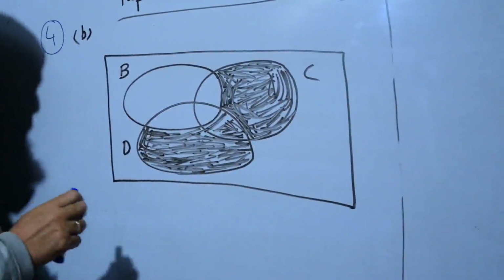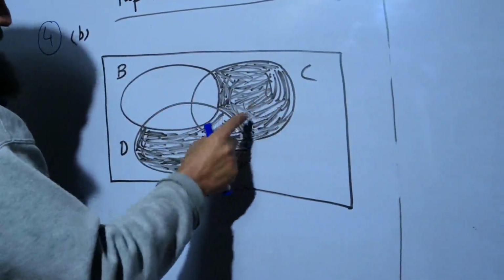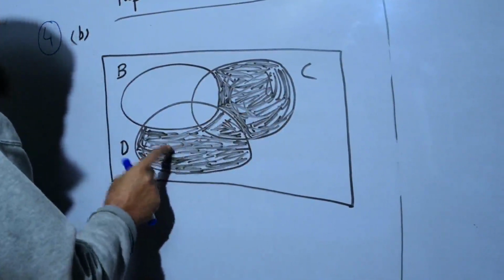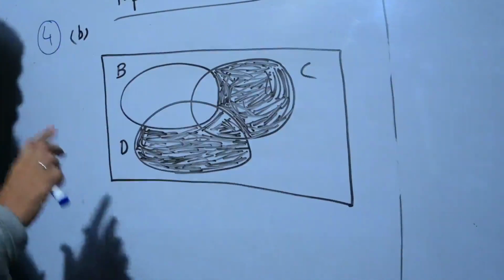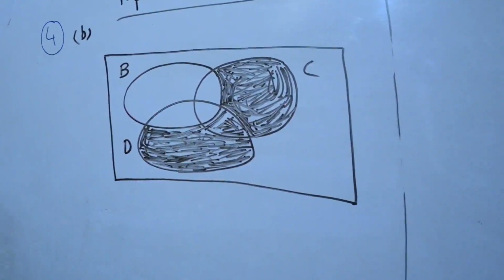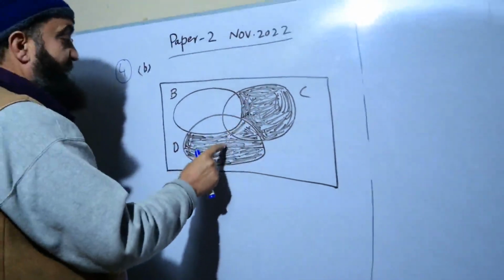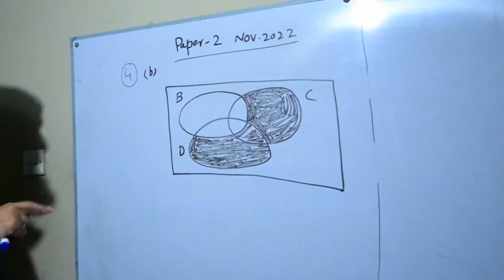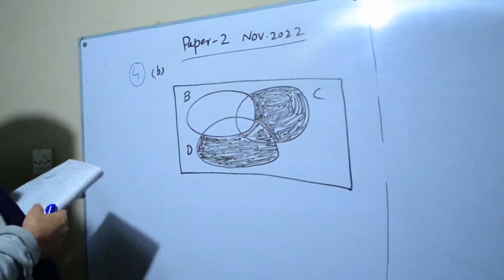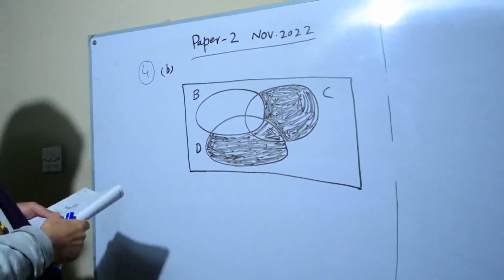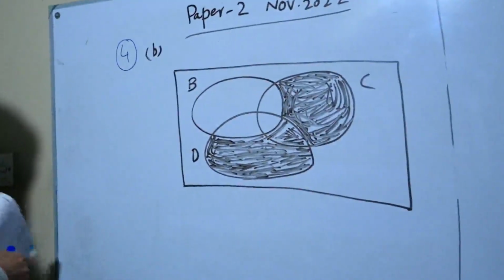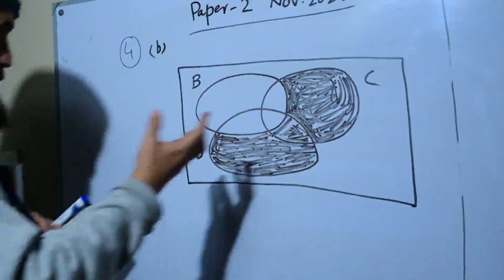But it is also in C and D. So these are those elements which are not in B but they are in C and D. Now what is this region?